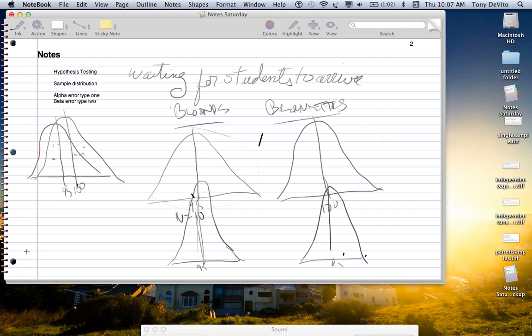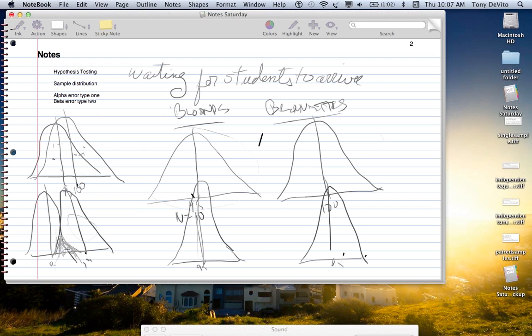So now if I compared the samples to one another, this might be 95 and this might be 100. If I take a sample of blondes, sample size 10, find the average, the likelihood that I would find an average of 10 blondes that had a blood pressure that was likely to be the same as brunettes now is much smaller.